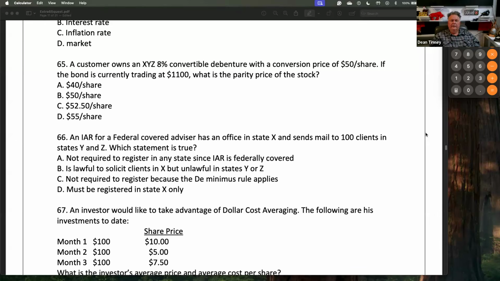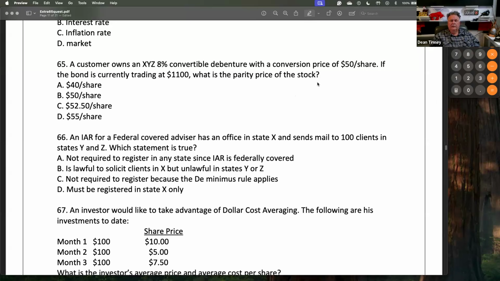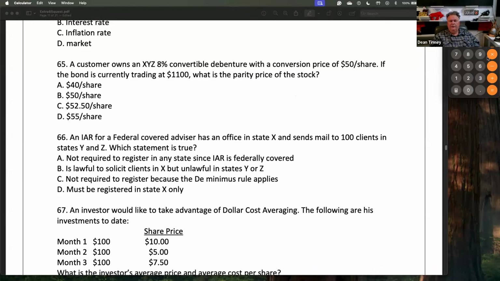Well, you are going down a very wrong path, my friend. The 8% has nothing to do with answering this question. When given the conversion price, very important, you need the conversion ratio. You have to know how many shares you can convert this into.